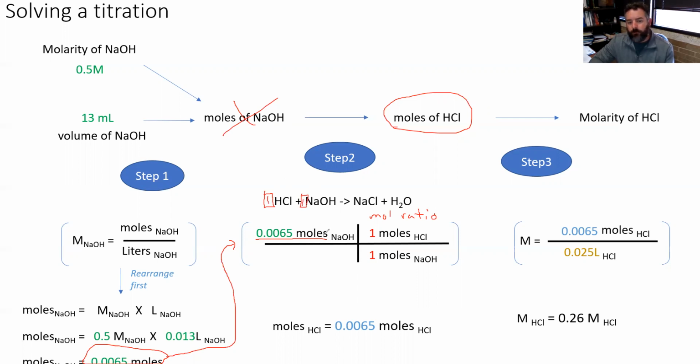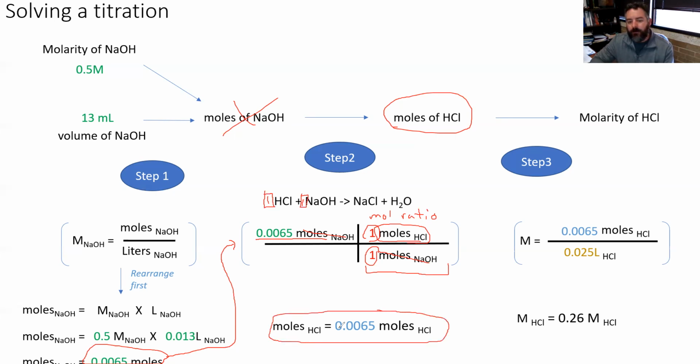So we're going to set this mole ratio up so that moles of sodium hydroxide cancels, and we're left with moles of hydrochloric acid. We're going to plug in these numbers 1 and 1. They just so happen to both be 1 here. It's not always the case. If you do the math, you multiply 0.0065 times 1 divided by 1, you actually get the exact same number.